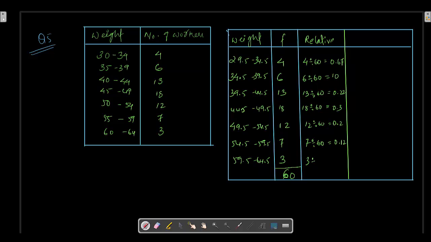And 3 divided by 60 is 0.05. Sorry, 6 divided by 60, you should get 0.1, not 10, so that was wrong.